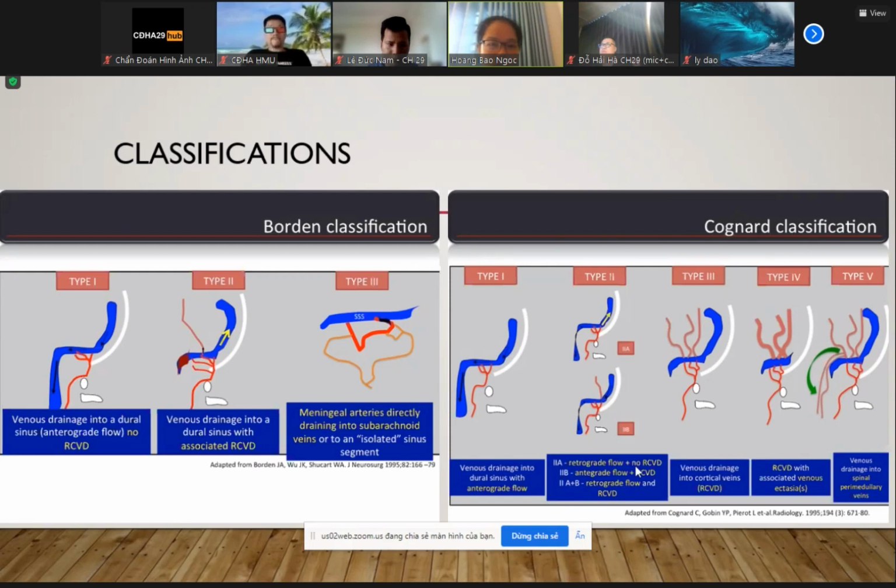The Borden classification is categorized based on the venous drainage, and then Cognard is based on the direct flow in the involved dural sinus, and the absence or presence of venous ectasia.